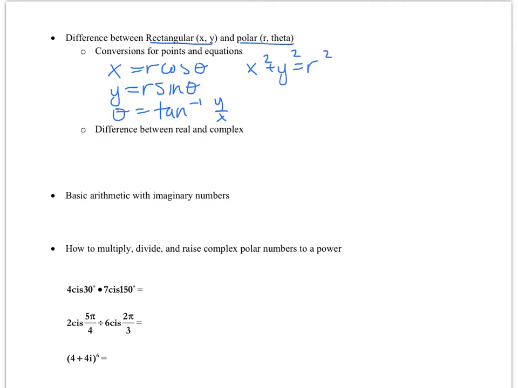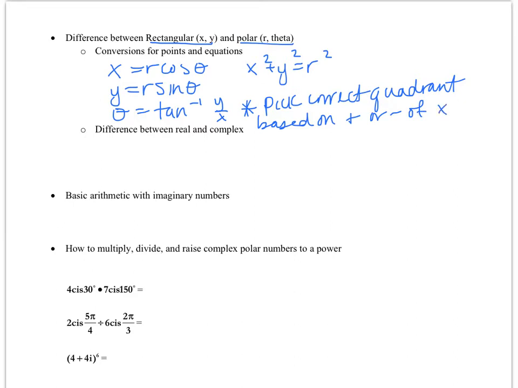Things that we want to remember, we want to make sure that when we are finding the angle theta, that we pick the correct quadrant based on the positive or negative of x and y.